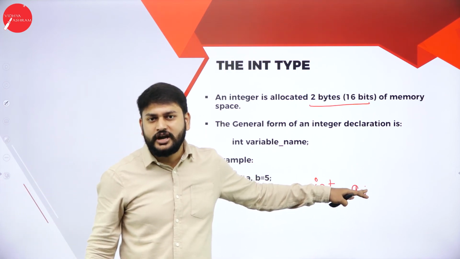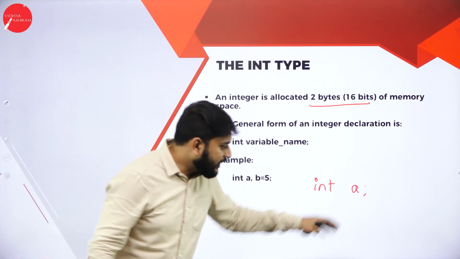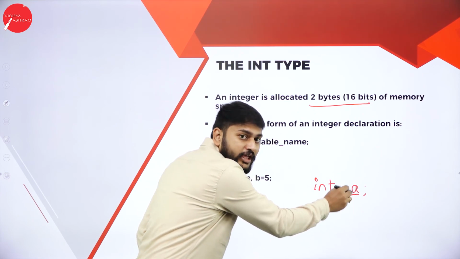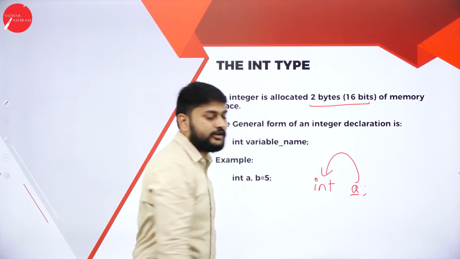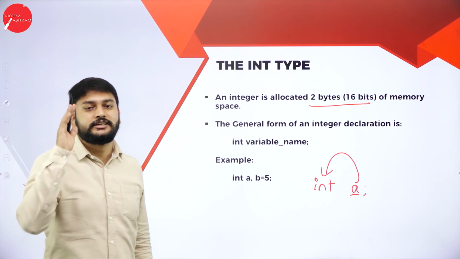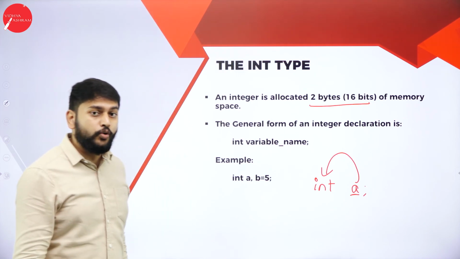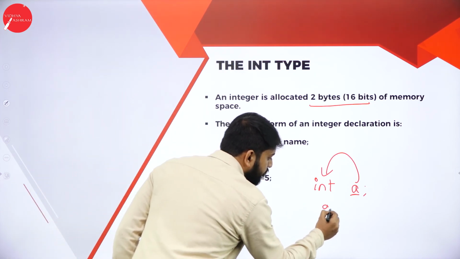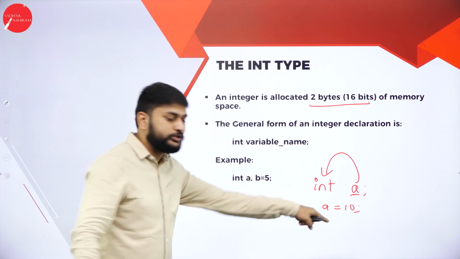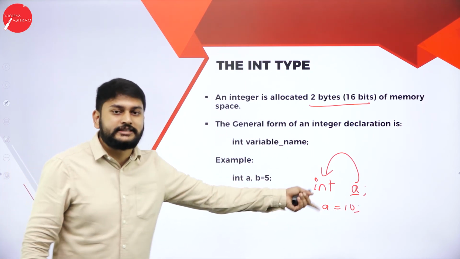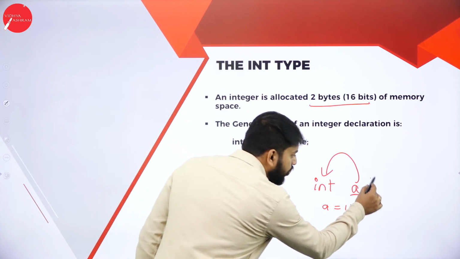Same way, I will just write the name. So what type of variable is this? This is a variable of type integer. So how do I assign the value? a is equal to 10. So 10 is integer. Is 10 integer? Yes, it is integer. This is type 1.